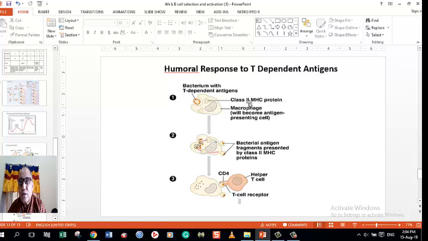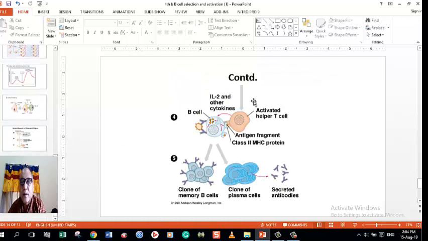This MHC2 protein will present the bacteria to the T helper cells. See, the CD4 has joined with the macrophage and is now bound to it, and this T cell will produce cytokines, interleukin 2, interleukin 10, and these will further activate other T cells. Look at here how this interleukin 2 and the other cytokines are being produced and activate the B cells.